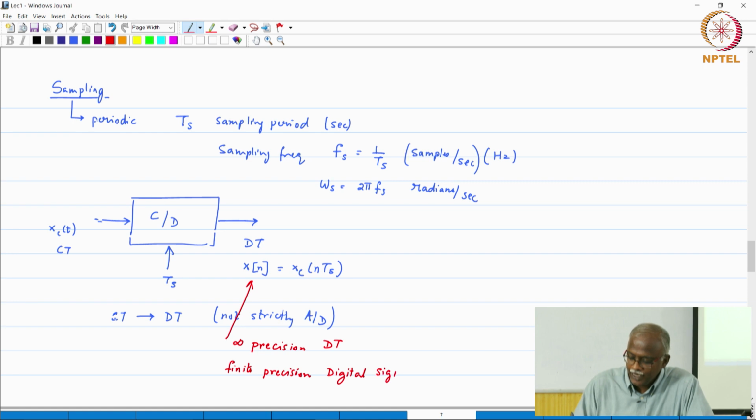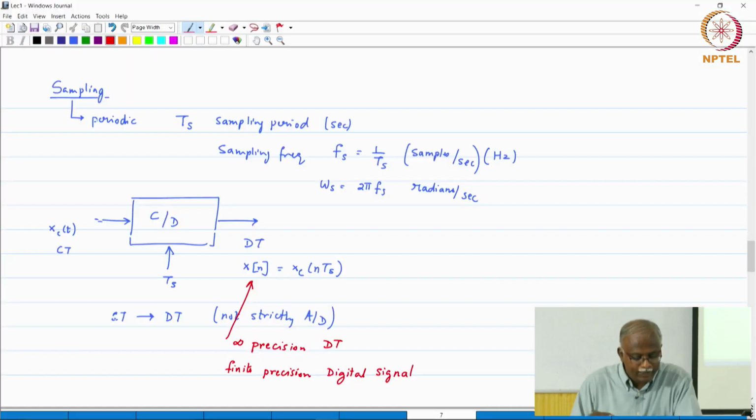Okay. So A to D is analog to digital. In most of our discussion we really are not paying too much attention to how I am quantizing the signal, because all the time we are saying that I am using a sufficient amount of precision.